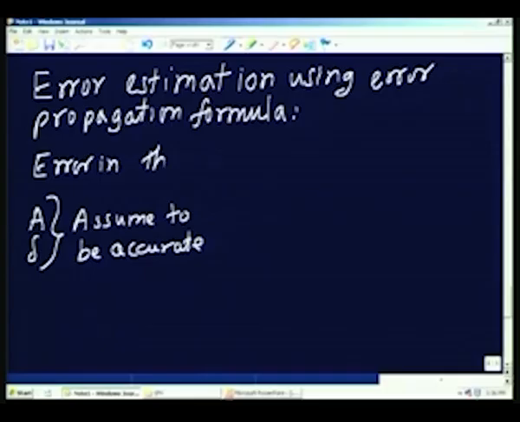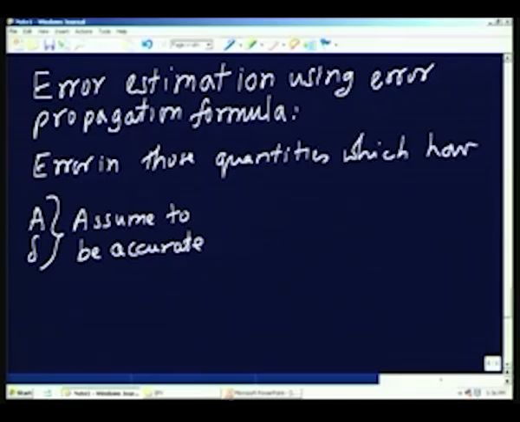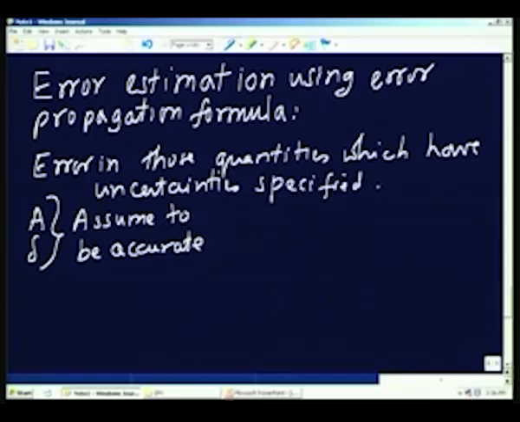We consider error in those quantities which have uncertainty specified in the problem. So, we can do that one by one. For example, if you take theta, it is the difference between Tp and Tj.